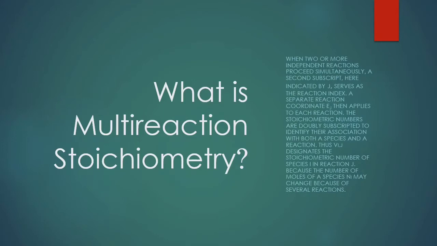A separate reaction coordinate epsilon_j then applies to each reaction. The stoichiometric numbers are doubly subscripted to identify their association with both a species and a reaction. Thus, v_ij designates the stoichiometric number of species i in reaction j.